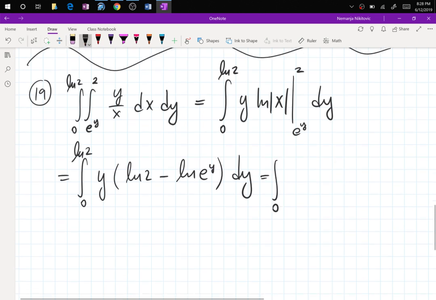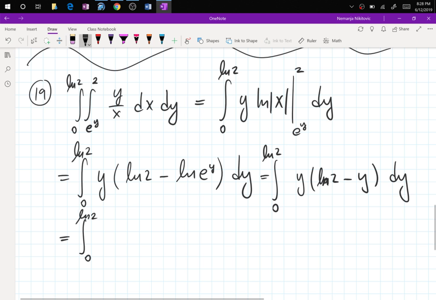So this is integral 0 to ln 2 of y times (ln 2 minus y) dy, because ln and e cancel, right? So now I will distribute this so I can integrate. Now I'm back in Calc 1. I have ln 2 times y. ln 2 is like a coefficient. This is like 3y. Minus y squared dy.